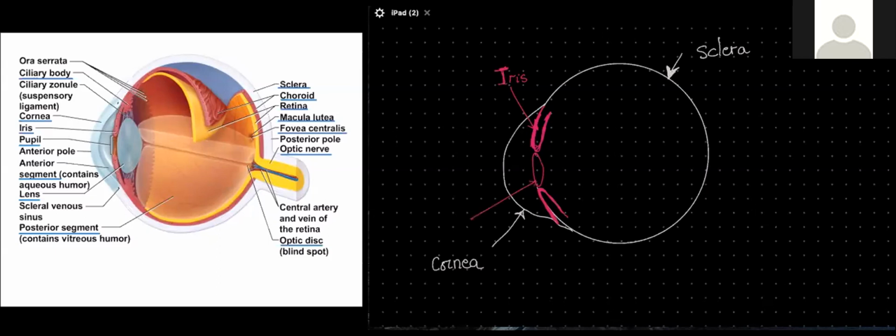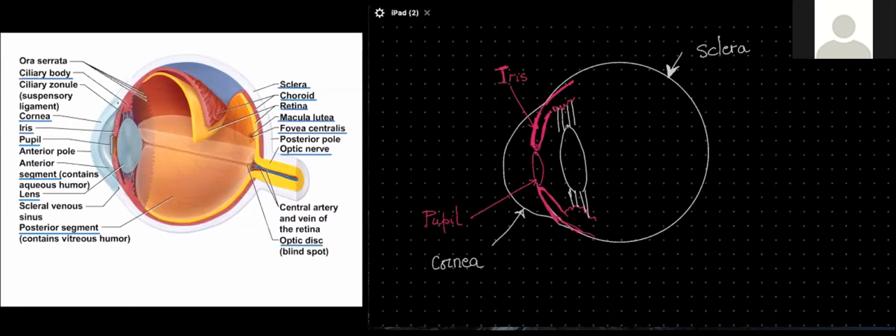We call this hole located in the iris the pupil. Surrounding the iris, we've got the ciliary body, that will be holding the lens of the eye in its place by very thin ligaments. We call those the suspensory ligaments.